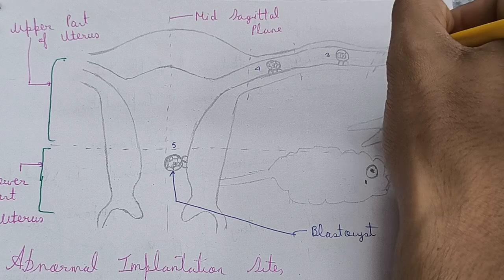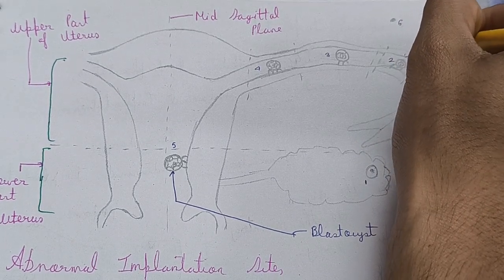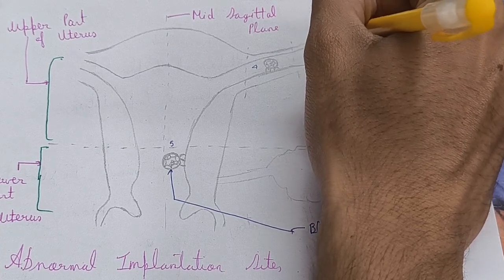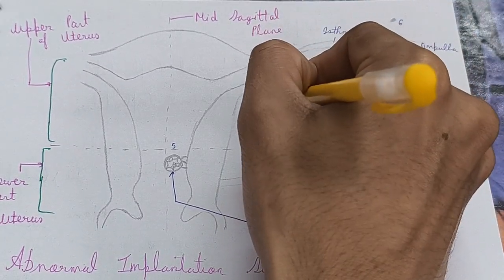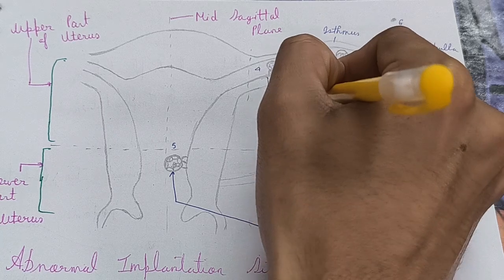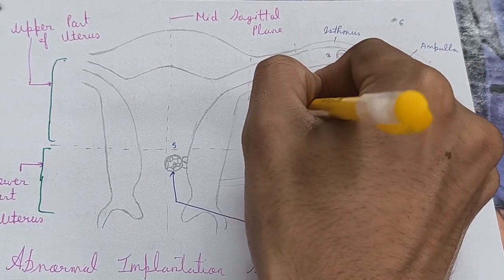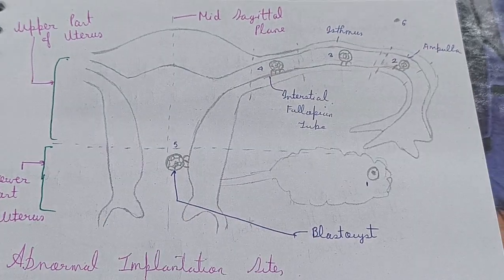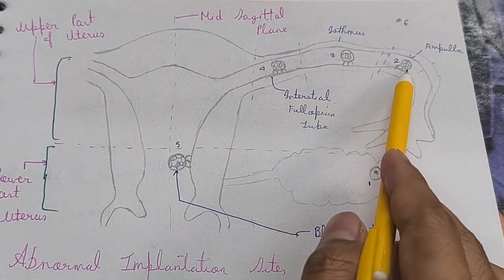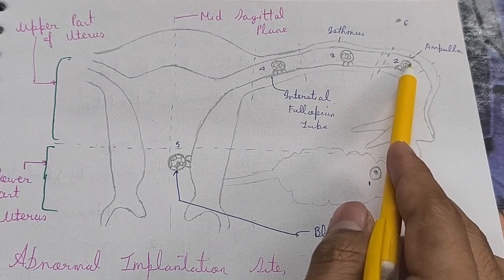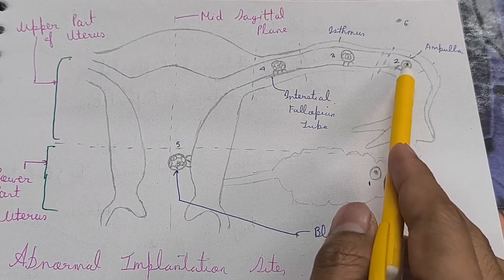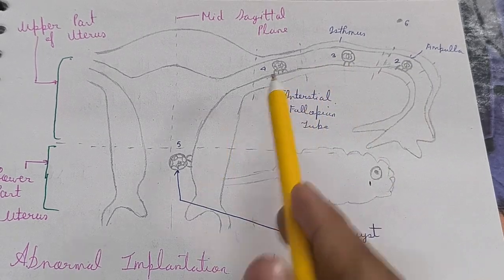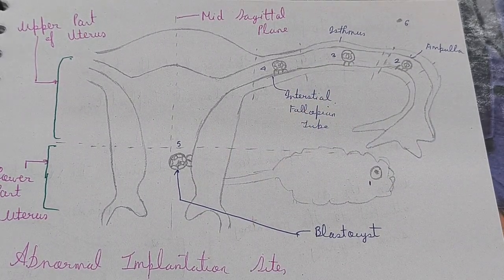Basically this fertilized ovum can be attached into the ampulla, or into the isthmus, or into the interstitium, the interstitial part of the fallopian tube. So in the fallopian tube, implantation or attachment of a fertilized ovum to the epithelium can occur at the ampulla, isthmus, or interstitial fallopian tube.